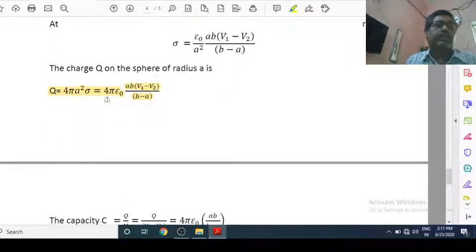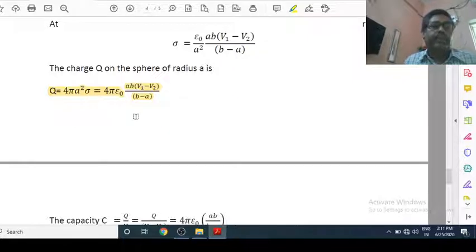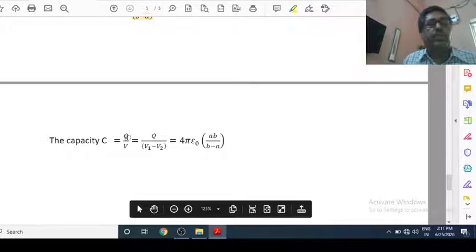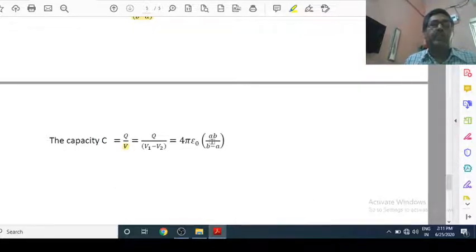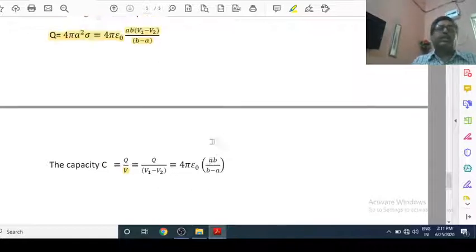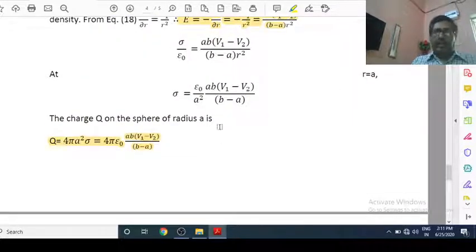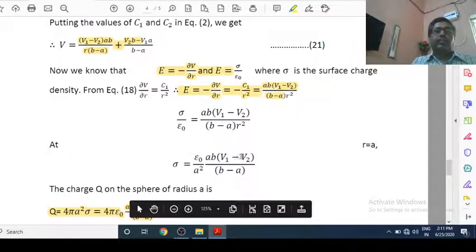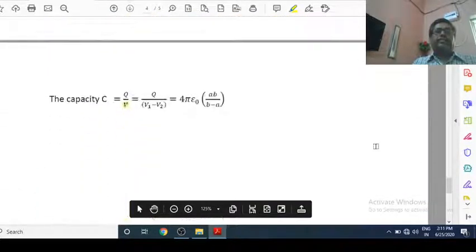A is the radius of the inner sphere, the outer one is earth, and C is equal to Q by V. So Q is equal to this one, and V1 minus V2 means the potential difference between the two spheres. Already we have calculated it here. So from this formula you can get V1 minus V2, and in this way we find the capacity.